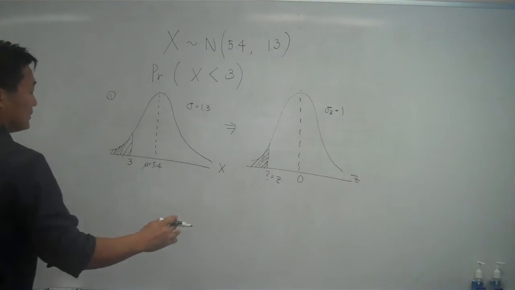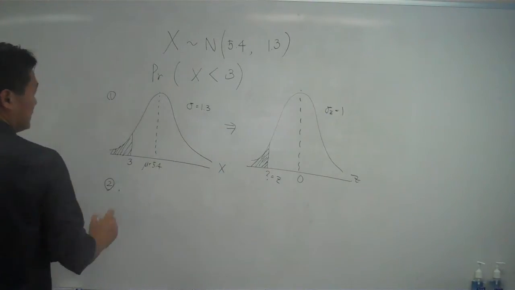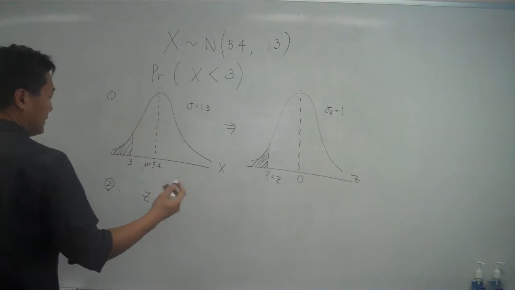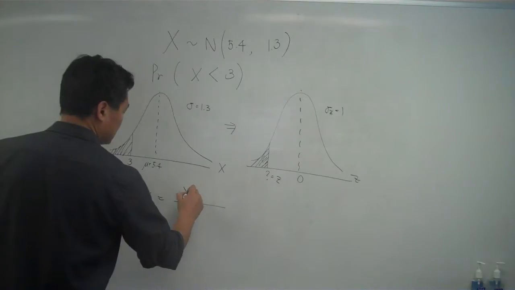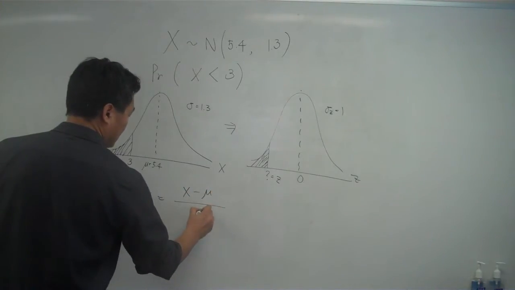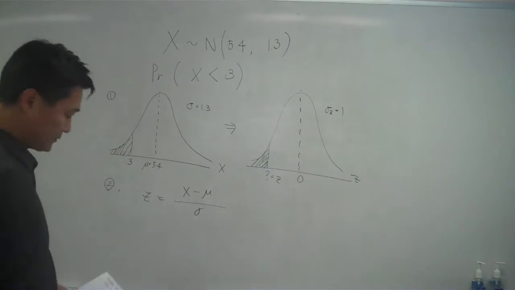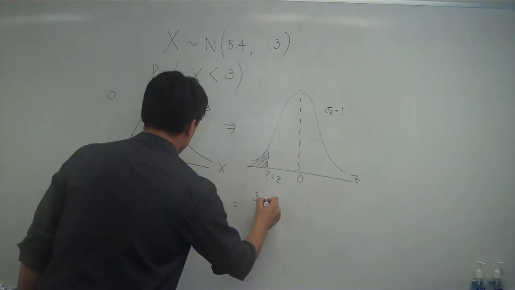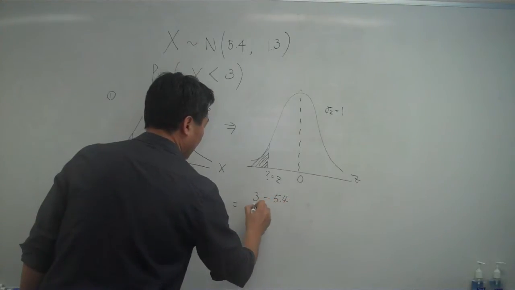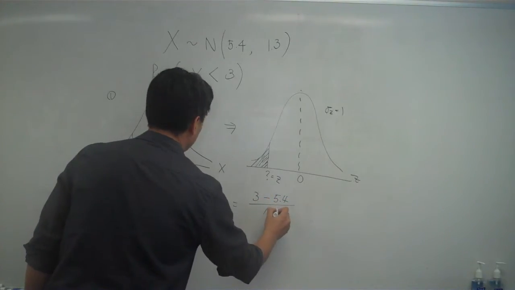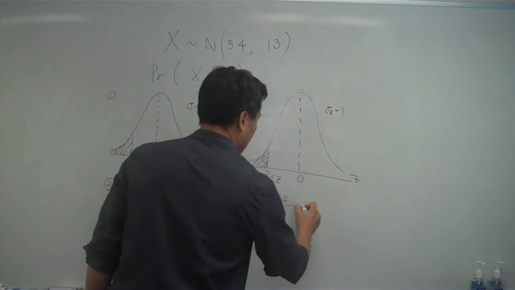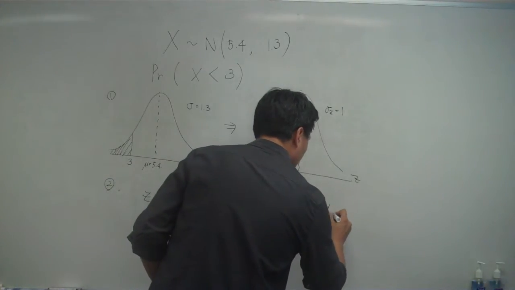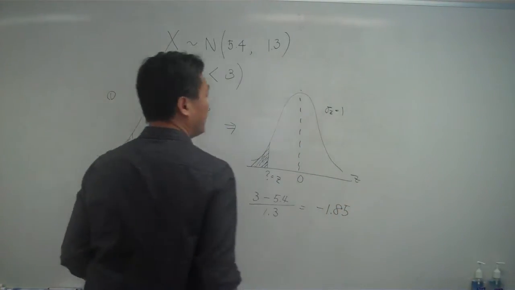The second job is find the z-score. Z-score can be obtained by x minus mu over sigma. Alright? So that one is 3 minus 5.4 over 1.3, and that will be negative 1.85.